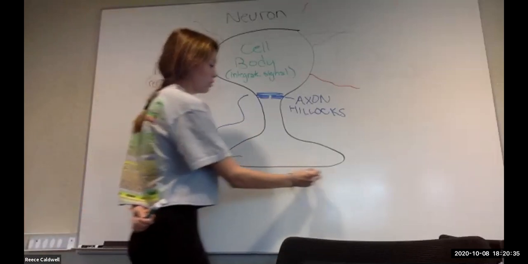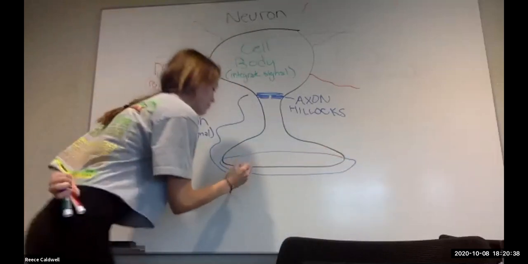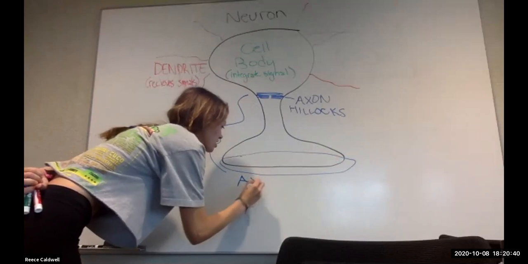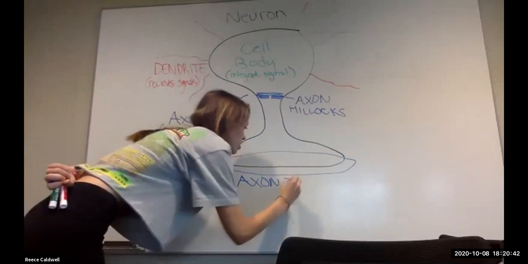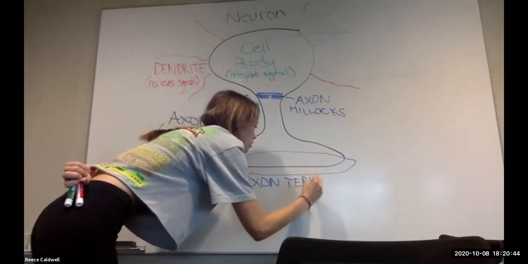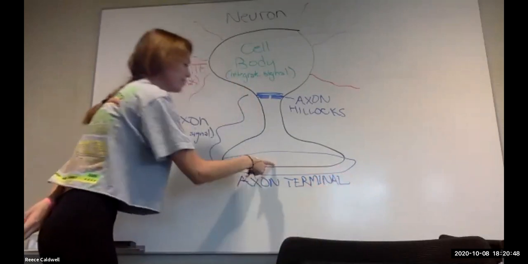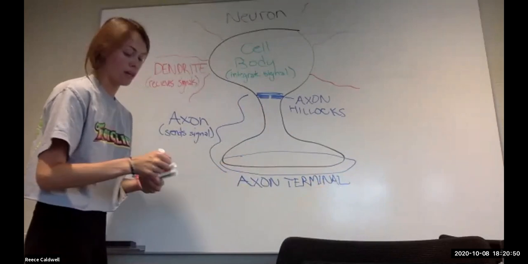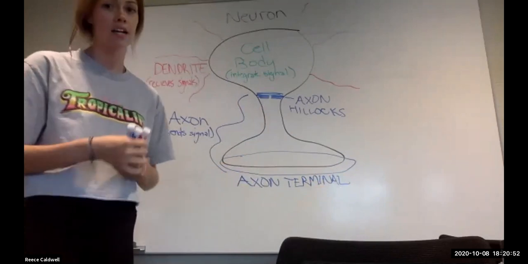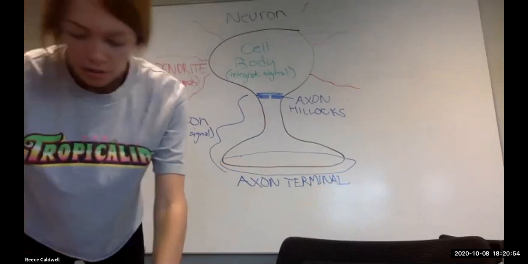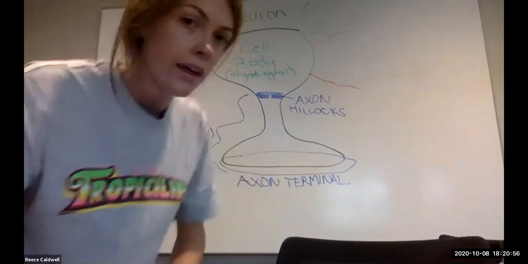The signal would leave via the axon terminal. It might be an electrical impulse, or it could be a neurotransmitter.